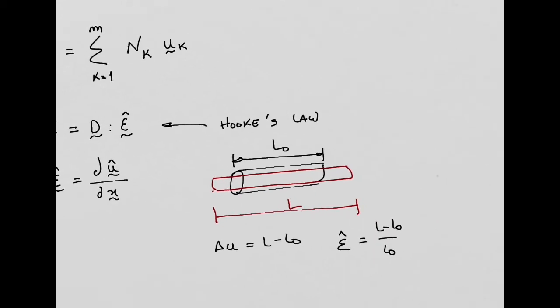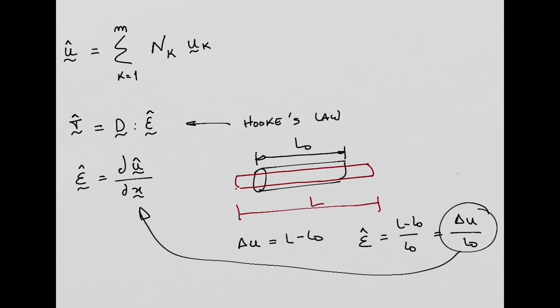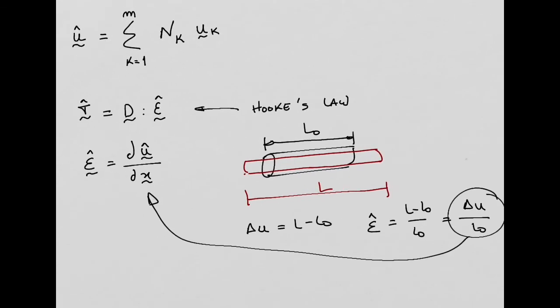This is the engineering strain. Basically, you are saying this is equal to delta U over L0. And if this delta U is very small, infinitesimal in the limit, when this tends to 0, you get the derivative of the displacement field, right? So this is basic stuff from elasticity.